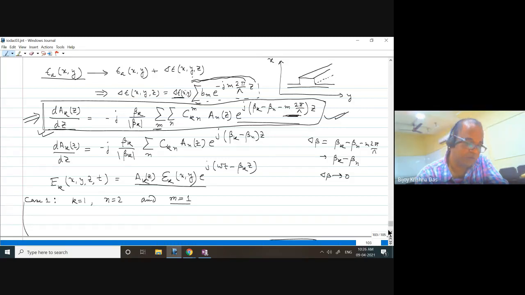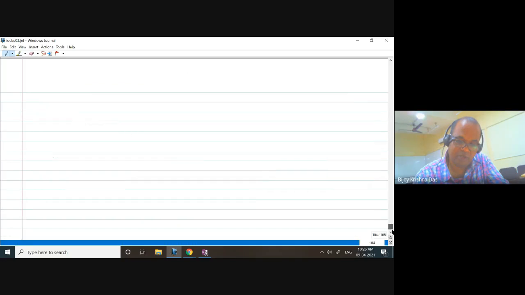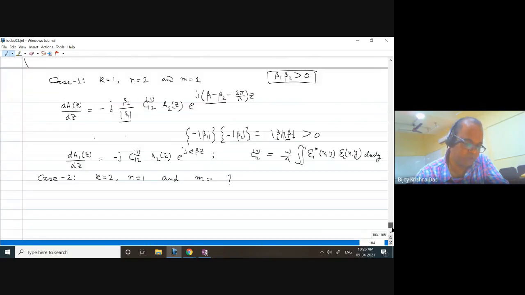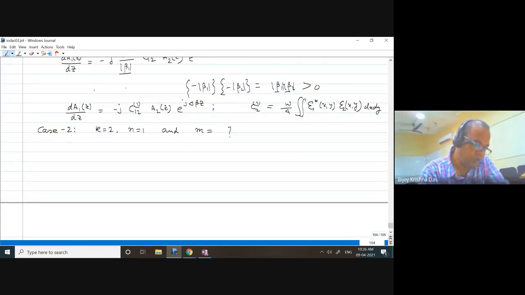Now if I want to consider k equal to 2, n equal to 1 instead of k equal to 1 and n equal to 2, just a reverse situation I'm considering. Suppose instead of the evolution of mode number 1, I am considering the evolution of mode number 2. So that is the other way. I want to see what is happening to mode number 2. That means instead of dA1(z), I will be writing dA2(z).